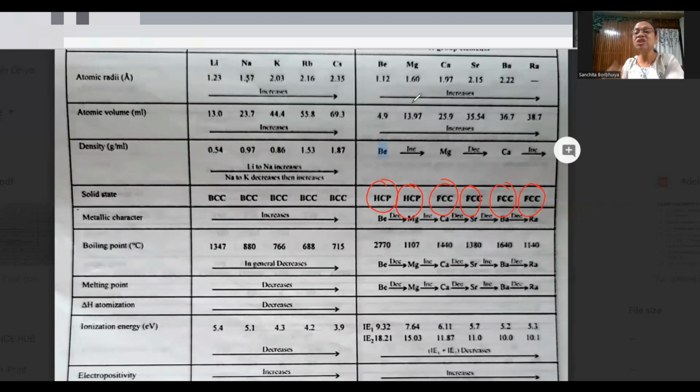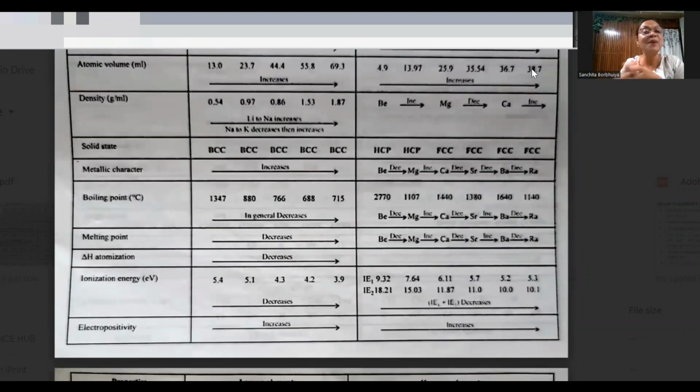So this is just a trend that you need to remember. Yes, you need to remember a lot of things, but the atomic radii, the atomic volume, the density need not have any remembrance because it increases down the group. What you need to remember is just the HCP and the FCC for beryllium and so on.